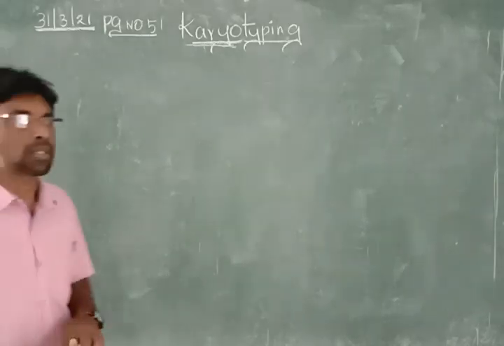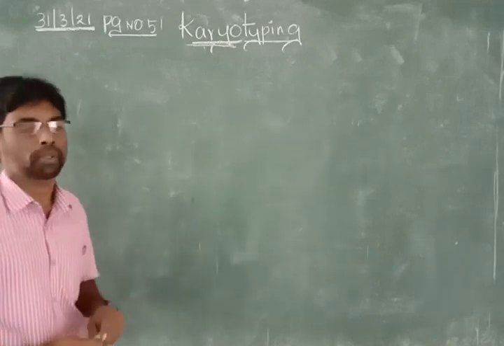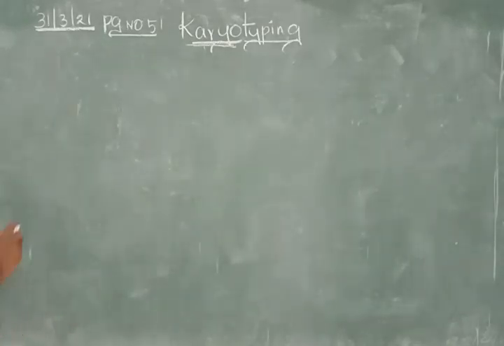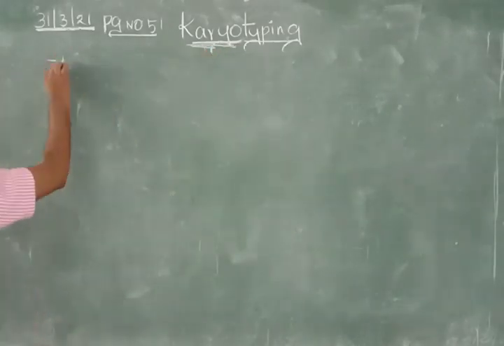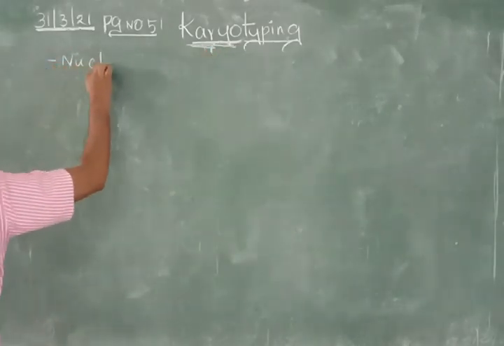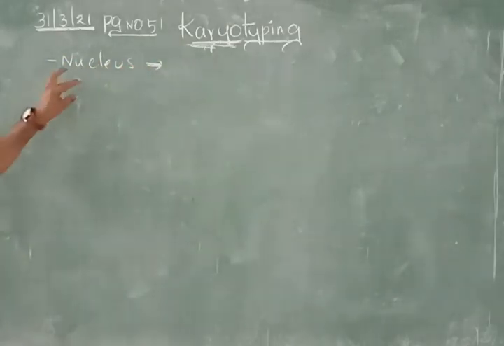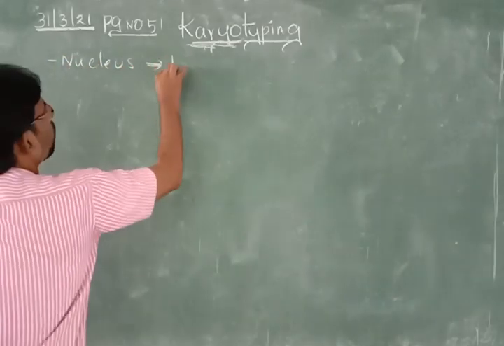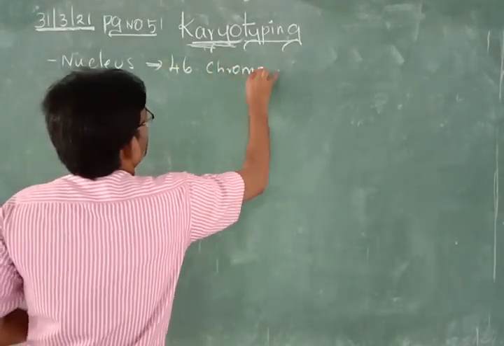Very good morning, students. Today we will be studying a new topic, that is karyotyping. Now when you talk about karyotyping, karyo means nucleus. Typing in the sense, inside the nucleus we have got 46 chromosomes.